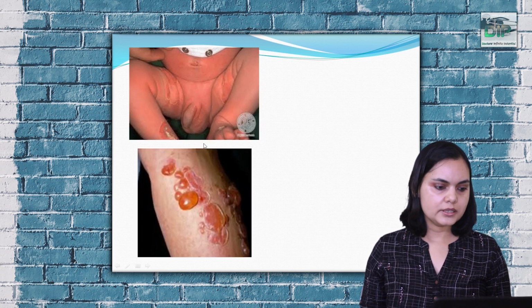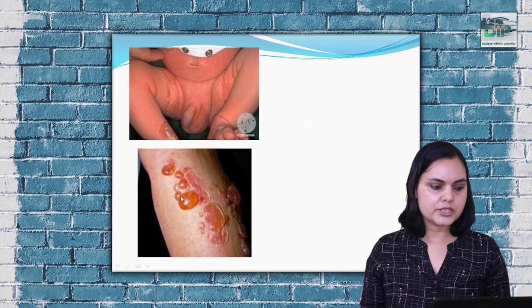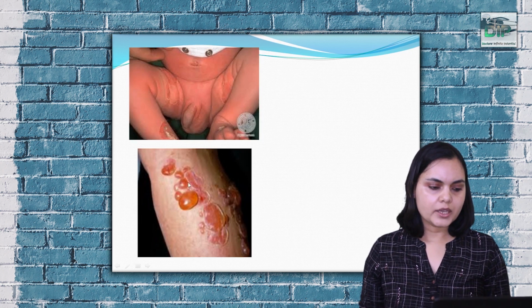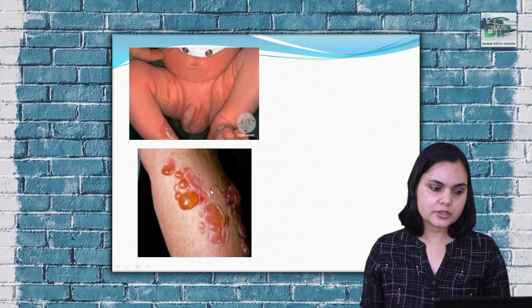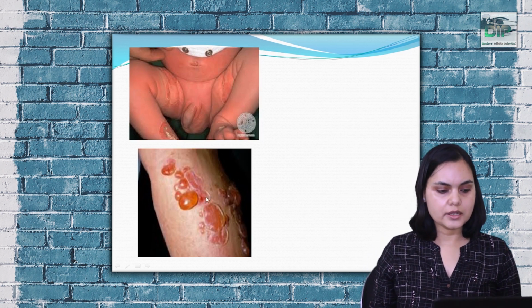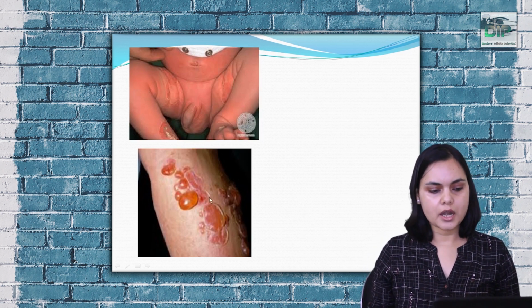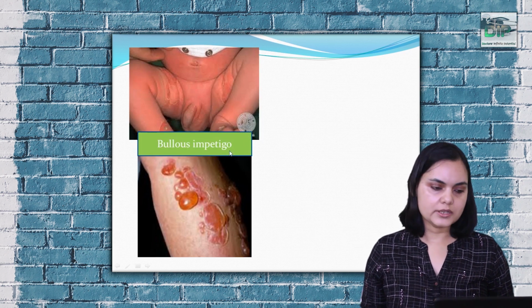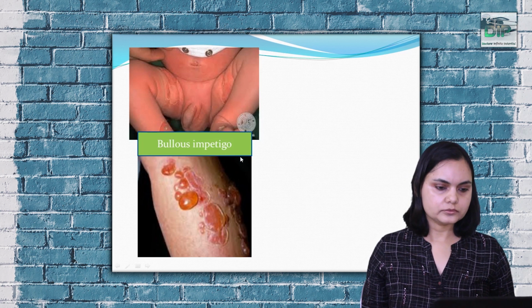Whereas in this picture, we can appreciate multiple vesicles as well as bulla. In this particular picture, there are vesicles, bulla, as well as, after rupturing of the vesicles and bulla, thin crust over these areas. So this is a picture of bullous impetigo in a child.